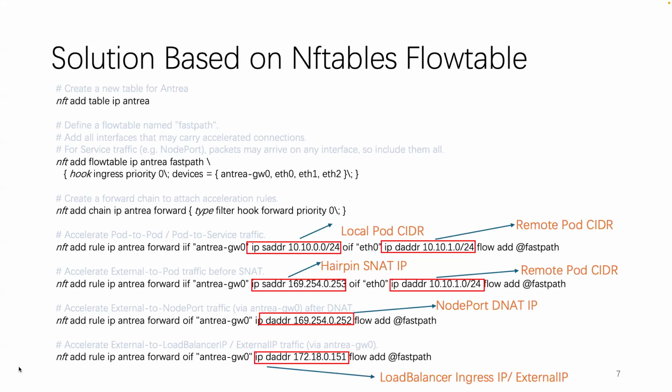I mean, if we go with this way, we probably need to also check the compatibility with Kube proxy with NF table mode, since the Kube proxy will also create its own table and different rules.